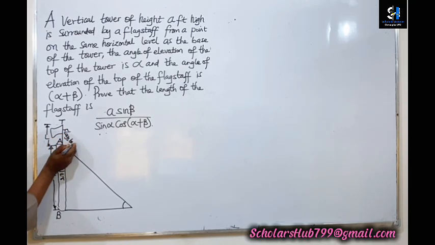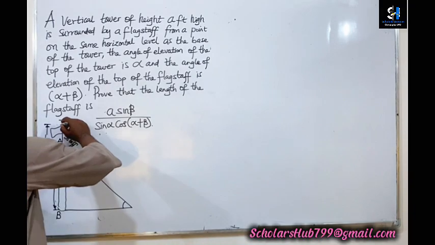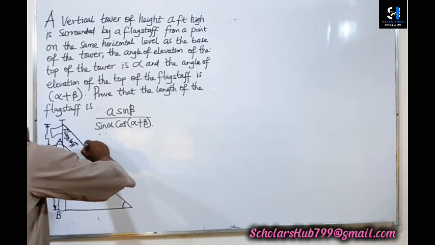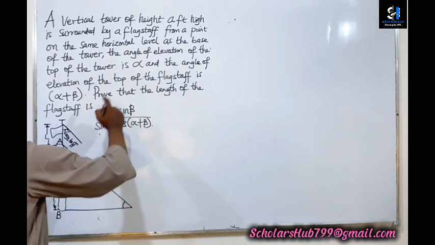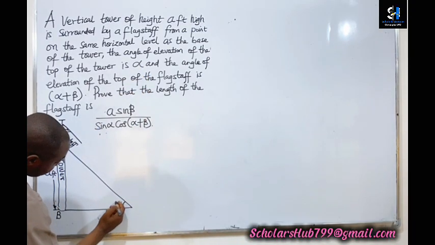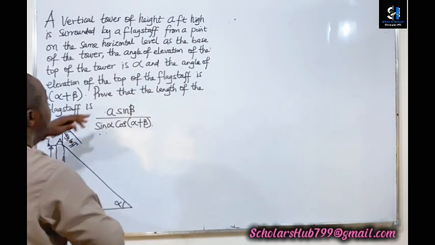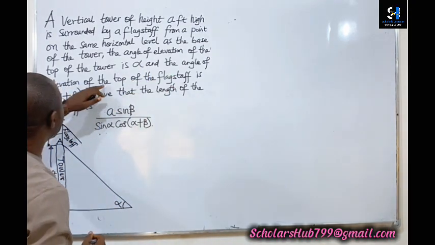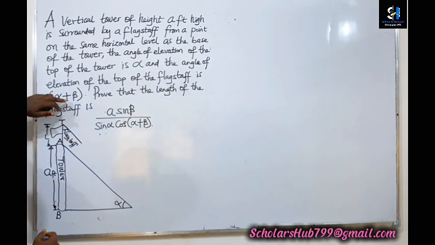From the top of the flagstaff, because we have the angle of elevation here to be alpha, then the angle of elevation of the top of the flagstaff is alpha plus beta.